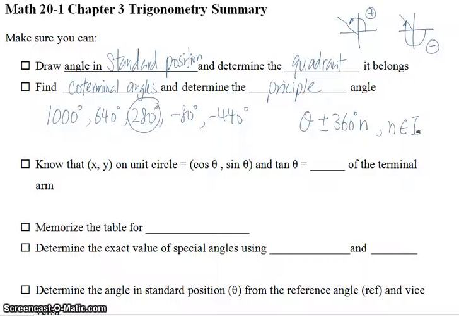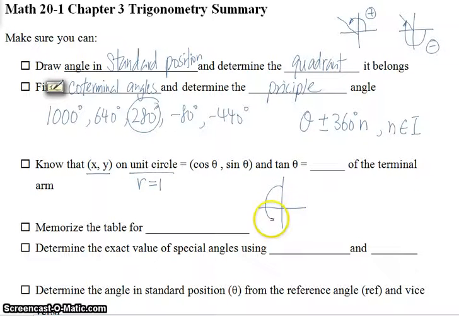The third concept we have is a new way to understand cosine theta and sine theta, which is that they are coordinates on the unit circle. Unit circle means r equals 1. Only on the unit circle, the coordinates are cosine theta, sine theta. So let me draw you a diagram.